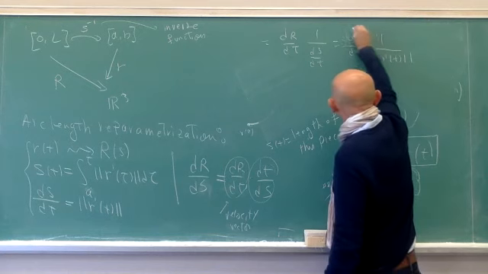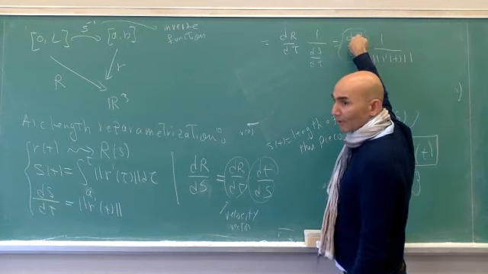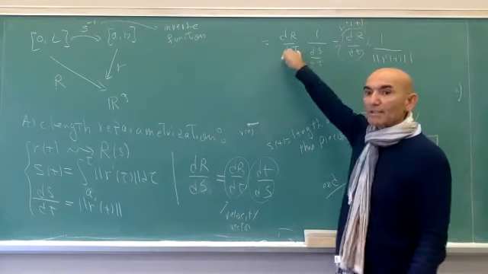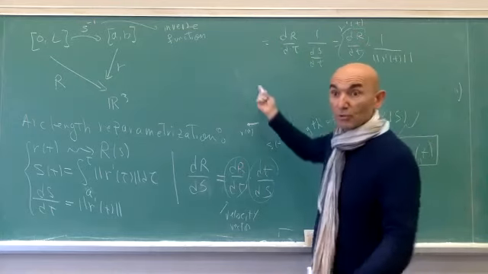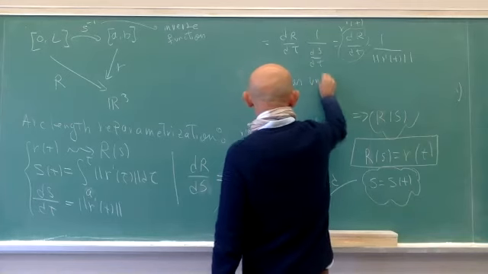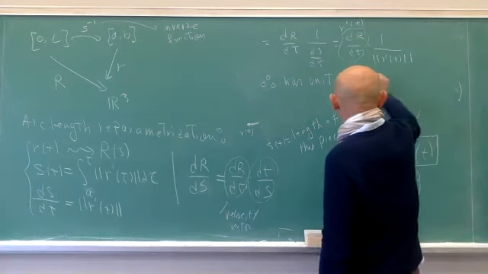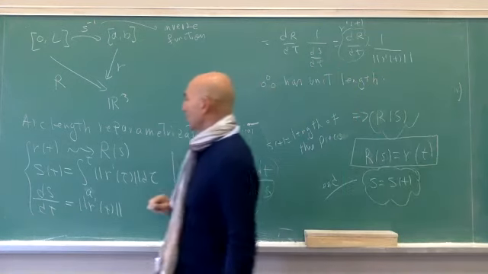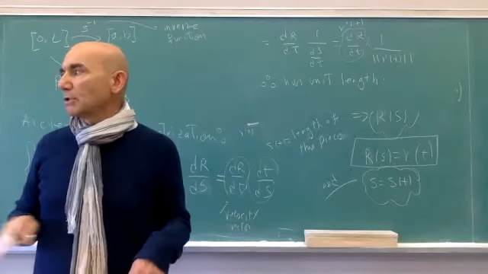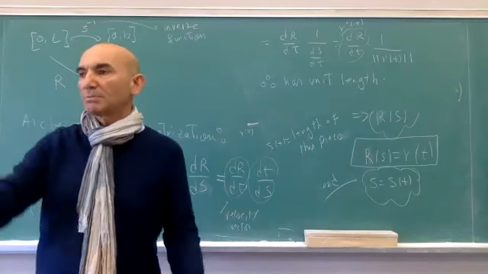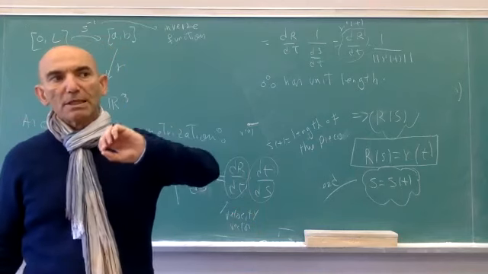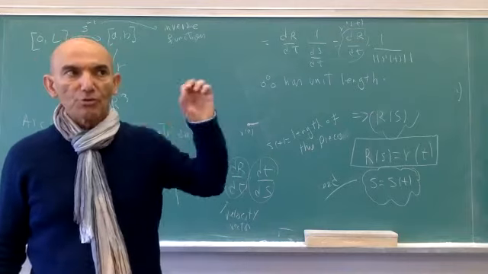If I use little r instead of capital R, then this would really be r prime of t over its norm. So this vector has unit length. The lesson is that when you reparameterize in terms of arc length, you get a reparameterization that has unit speed. As you traverse the curve according to its length, the change is with unit speed.